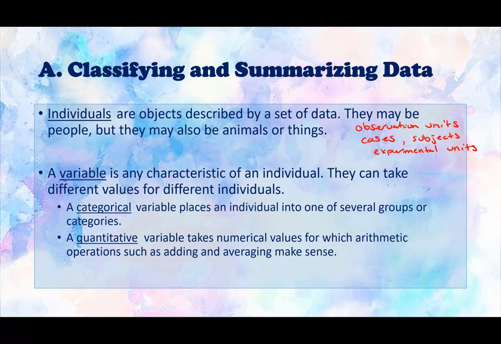Now, there are a couple other words for these. We can also call categorical variables qualitative data. You'll see these used a lot in the social sciences, but qualitative and categorical mean the same type of variables.